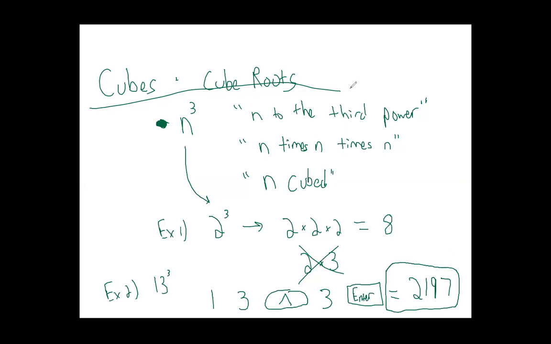So now I'm going to go back. I'm going to clear this if that's okay. And let's talk about cube root now. Just like before, I'm going to start with an example here.